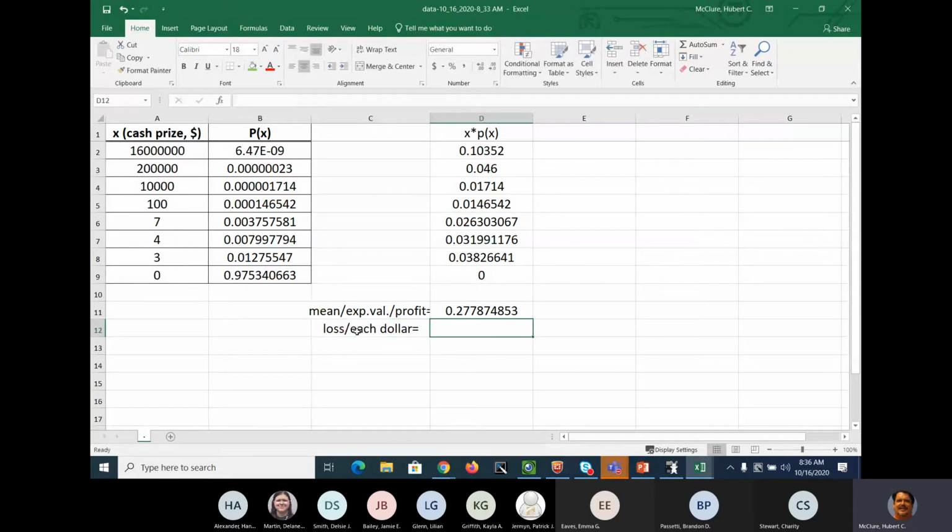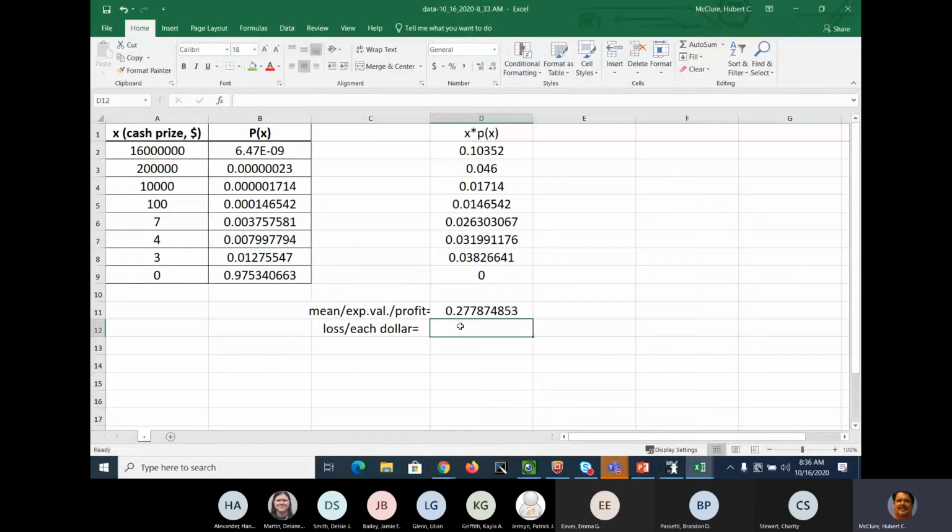Well, if the profit for each dollar is 28 cents, what's the loss for each dollar? 72 cents. Well, it's going to be a negative because it shows loss because you're subtracting. Yes, you're right. You do it a little bit different.